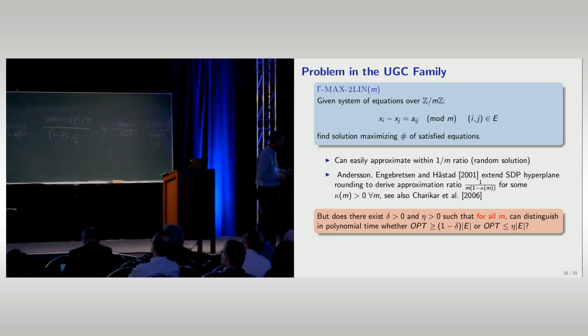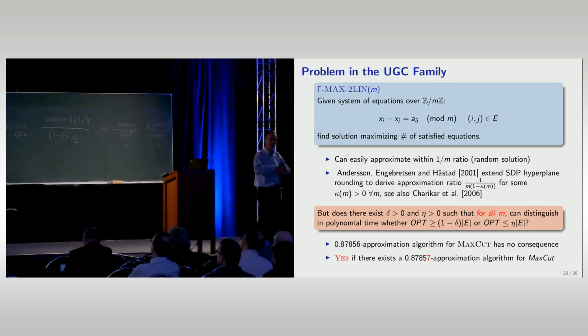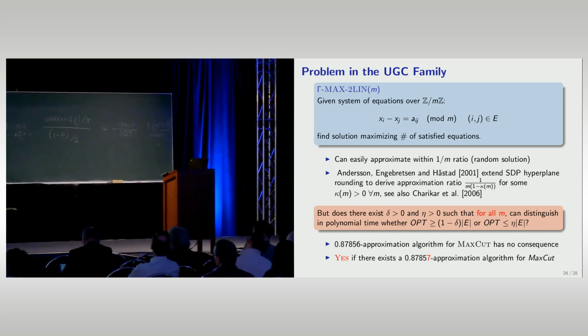And so what this analysis of the cube that I gave on the previous slide and these probabilistically checkable proof constructions show is that this 0.87856 algorithm that I showed you has no consequence on this. However, if you can improve it by epsilon, then you could answer this question.